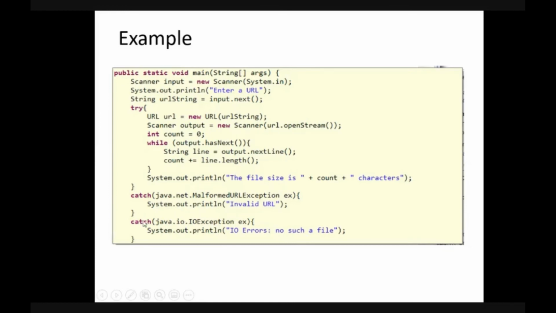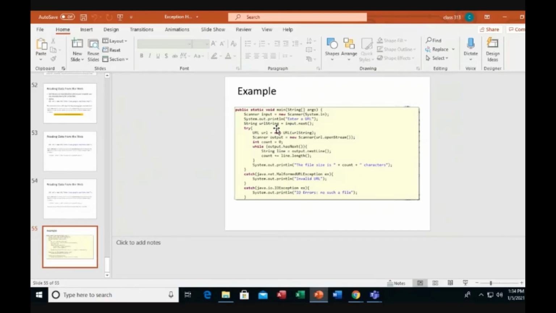You can have two catches, even more catches if you want. Even if you don't use these try catches, it is going to work, you know. This is just for us to understand what is happening, what is wrong. So this is input output file.